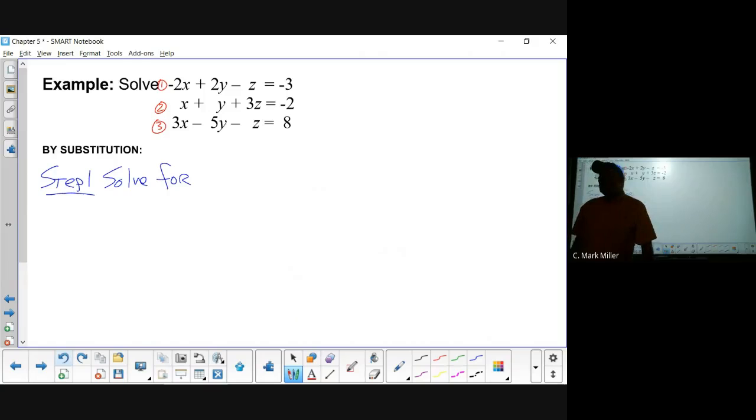In reality, it doesn't matter which equation or which variable you solve for. But I'm going to go for a variable that has a 1 in front of it, because if you don't, you're going to have unnecessary fractions. So I'm going to solve for, look up here in equation 1, Z is a -1. So I'm going to solve for Z in equation 1.